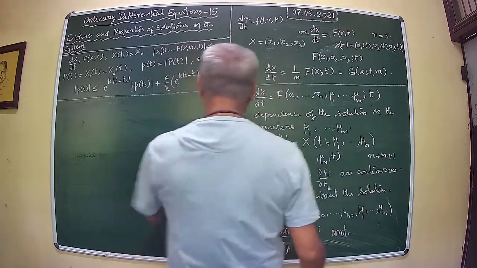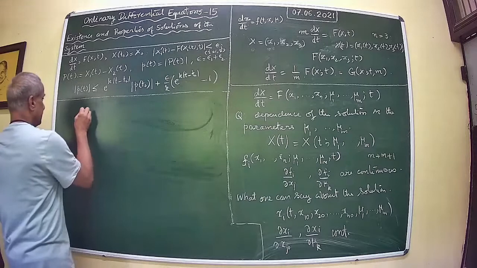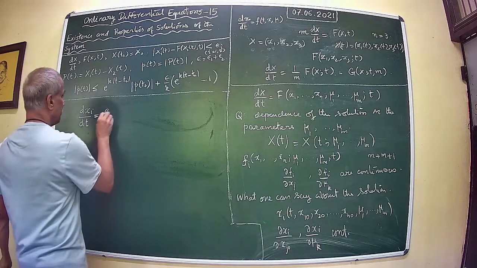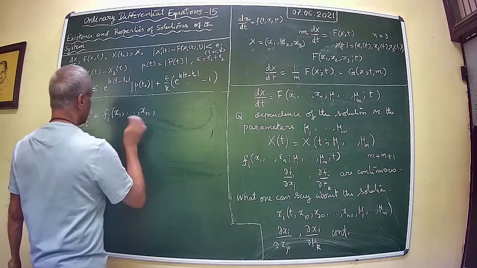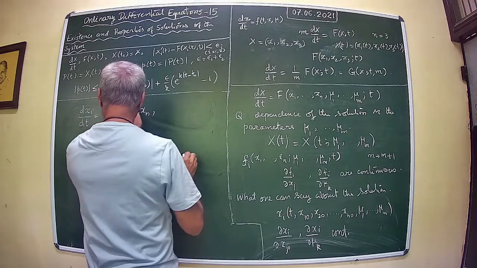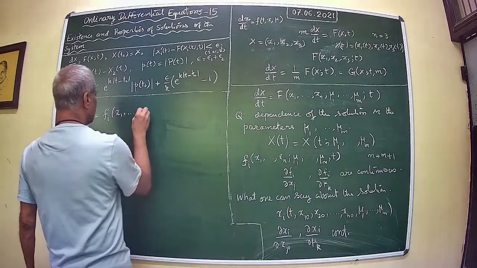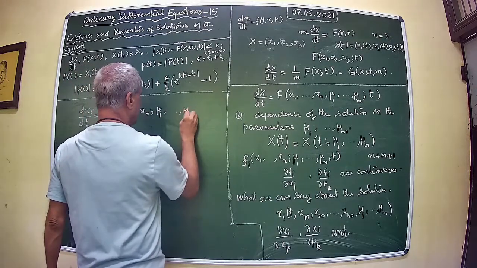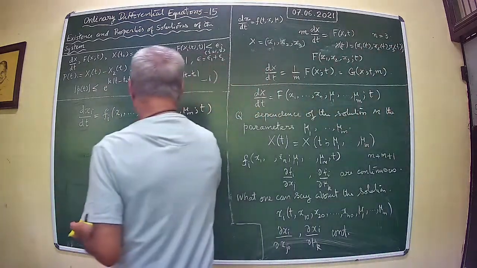So you have the system of equations dxi by dt equal to fi of t, x1 to xn, then we had the parameters mu1, mu2, etc., mu_m, for i equal to 1 to n.